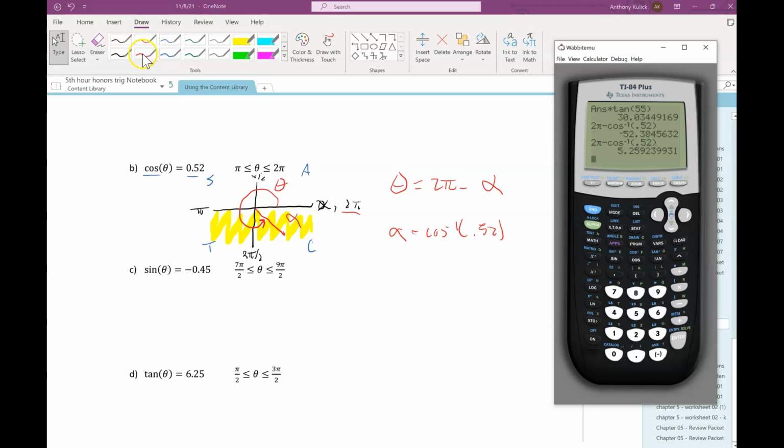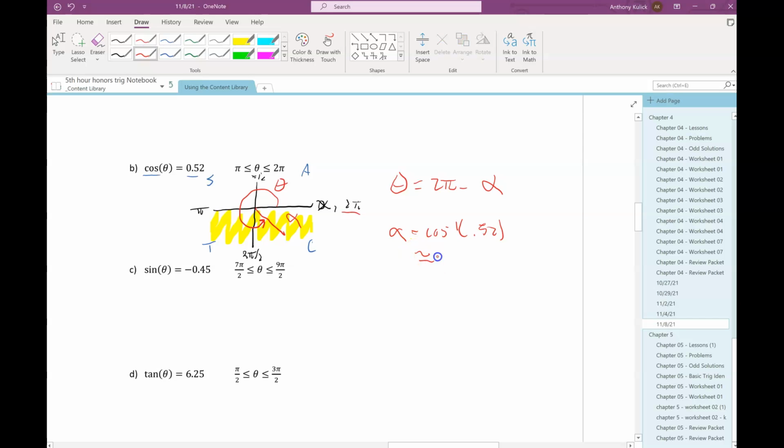Yeah, sure do. So that comes out to be about 5.26. Which again, you could check, right? Cosine of 5.26 better give you 0.52. And 5.26 is between 3.14 and 6.28, right? So we're good.